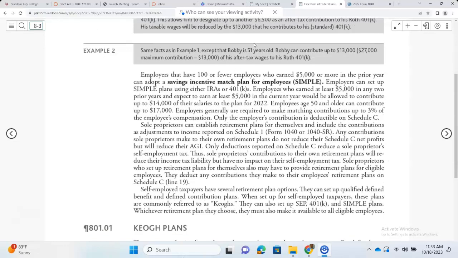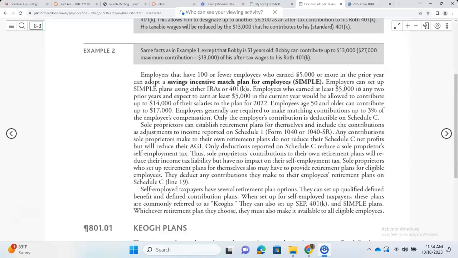So there is something they call SIMPLE. SIMPLE is a Savings Incentive Match Plan for Employees. Employers that have 100 or fewer employees who earn 5,000 or more in the prior year can adopt this SIMPLE plan. Employers can set up SIMPLE plans using either IRAs or 401ks.